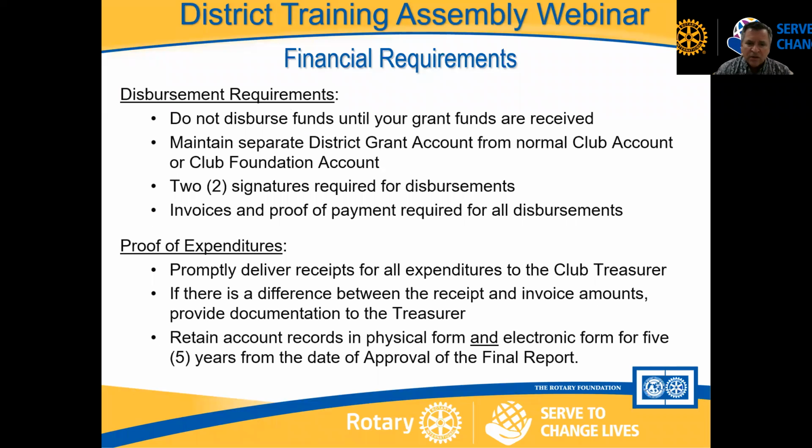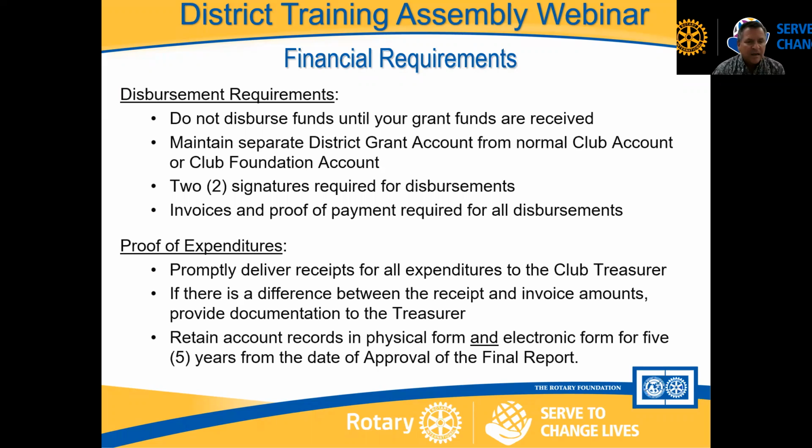Okay, so another key factor is do not disburse the funds until you actually receive your allocated grant money. We don't want to see checks cut out of that, because what happens if the funds are delayed and you're spending money that you don't already have? So please try not to spend any money. Now, I have seen, and I think this is acceptable, that reimbursements are done.